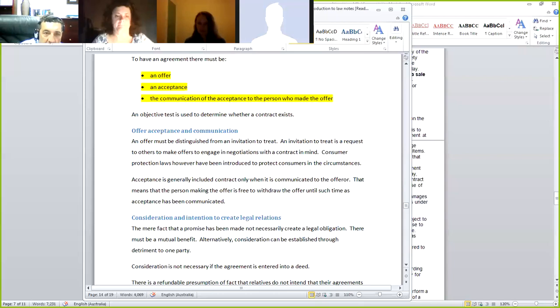Now, acceptance is generally included in a contract only where it's communicated. Let me take another example. We have a real estate transaction. The buyer signs an offer to purchase a property during the afternoon. The agent physically drives to the seller's property, and in the early evening, the seller signs the contract.